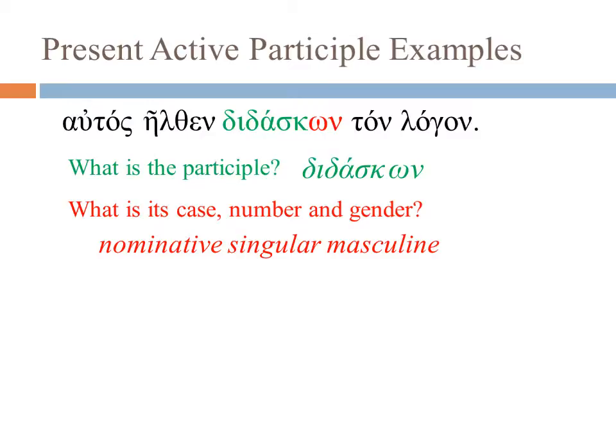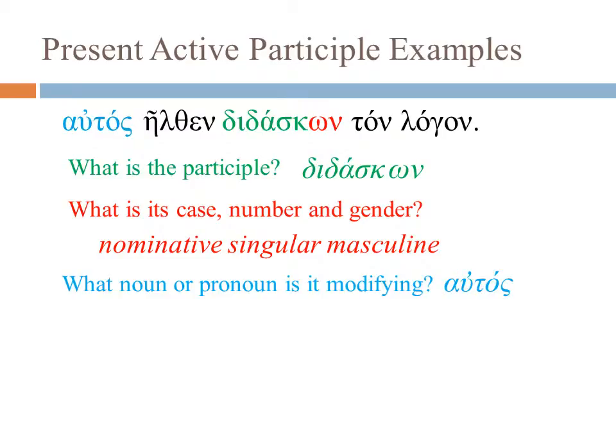I know some of you said, oh, genitive, plural, and it certainly looks genitive, plural. But on is the nominative, singular, masculine ending for a present participle, something you just have to learn. So once we know it's a participle, remember a participle is an adjective, so it has to modify something. So what noun or pronoun is it modifying?